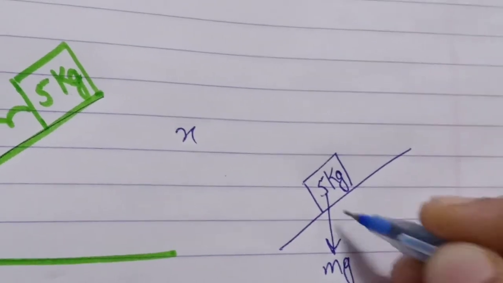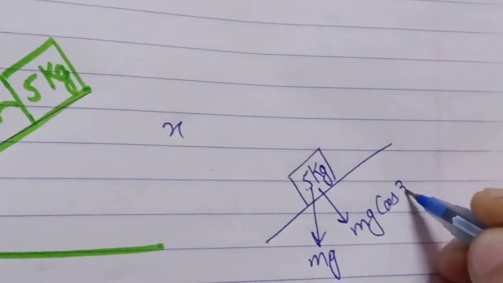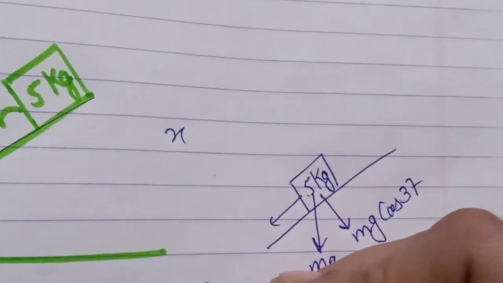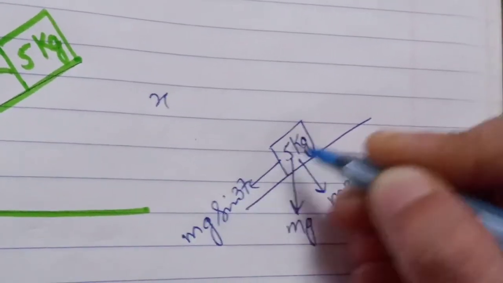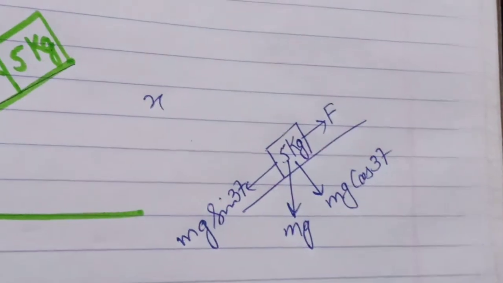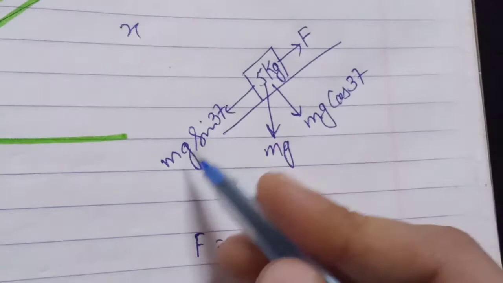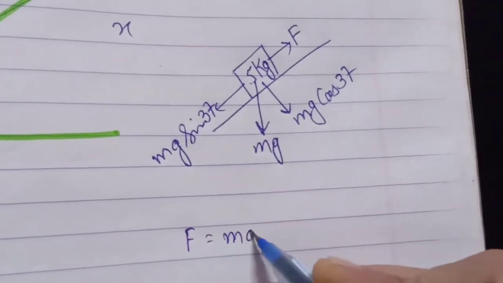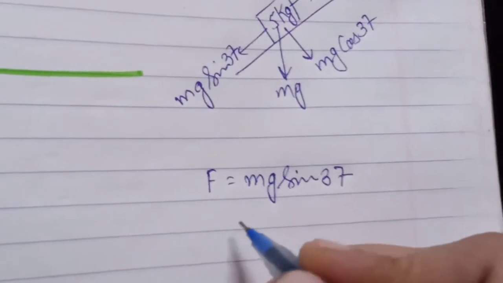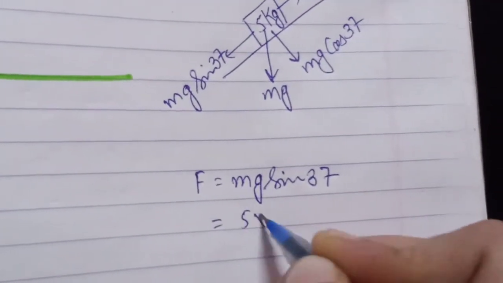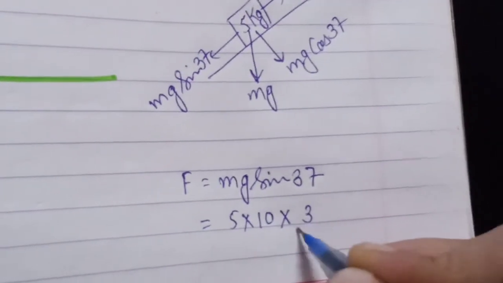This is mg, mg cos 37, mg sin 37. This is F. Okay, so F is equal to mg sin 37, where m is equal to 5 into g is equal to 10 and sin 37 is 3 upon 5.